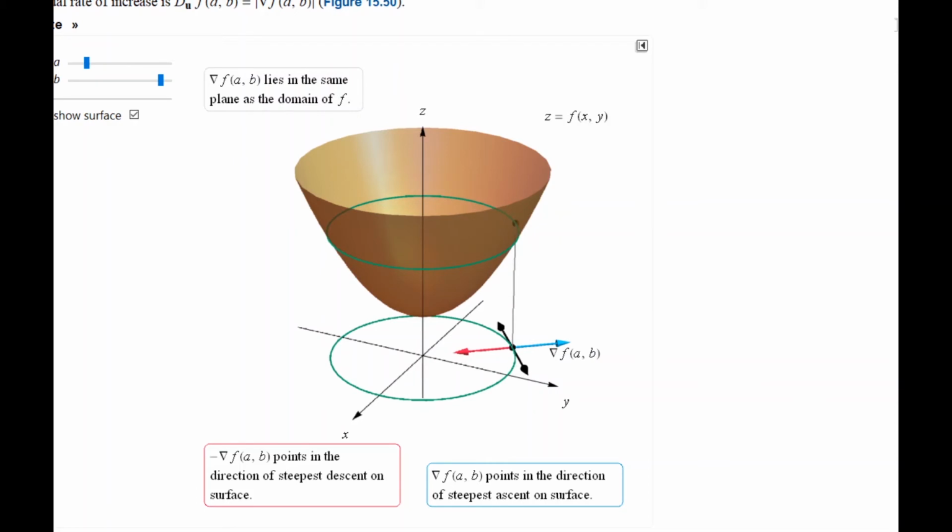Still, the gradient points in the direction of steepest ascent, in the sense that if you're on this paraboloid and you want to get to the highest point with one stride, you move in the direction of the gradient. If you want to get to the lowest point in one stride, move in the direction of minus the gradient. And if you don't want to have any change whatsoever in one stride, move in the direction of the black vectors, which are tangential to the level curves.